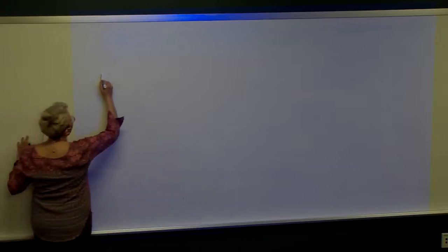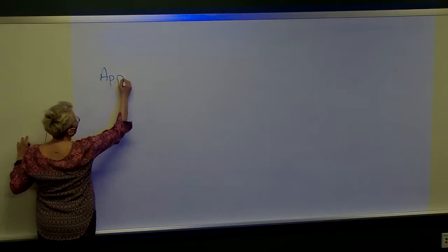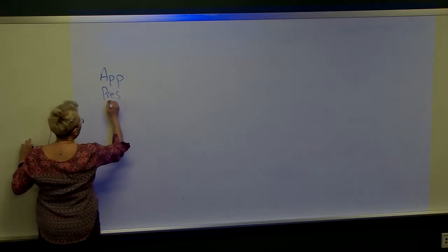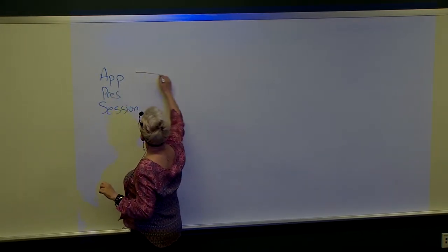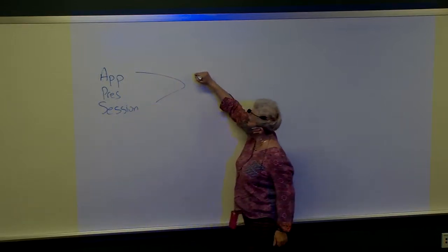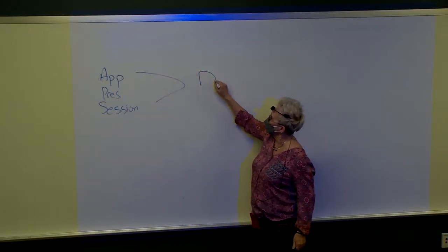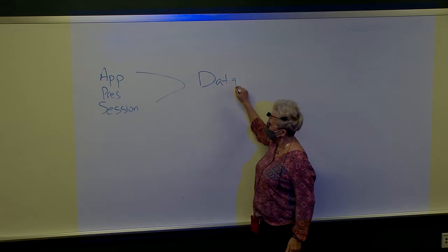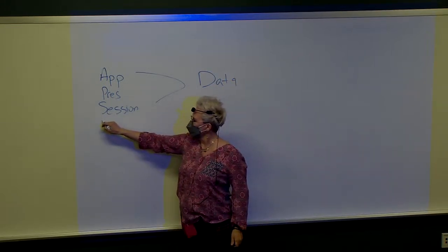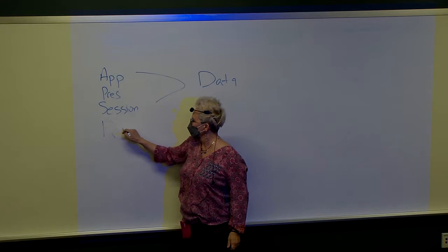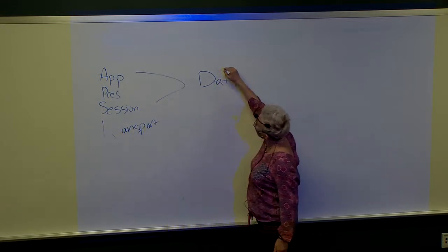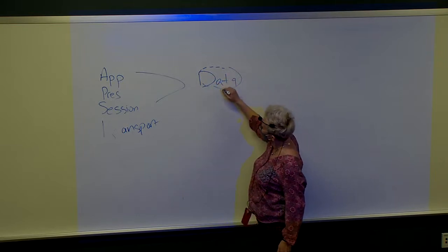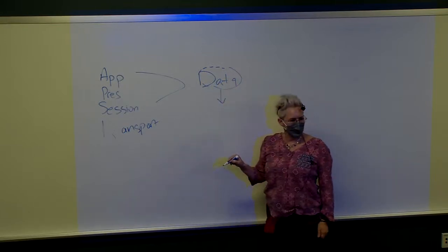So we've got the application layer, the presentation layer, and the session layer. Now this all represents what PDU? The data. Then I've got what layer is next? Transport. Okay, so remember this stuff all gets bundled up and passed down, right?